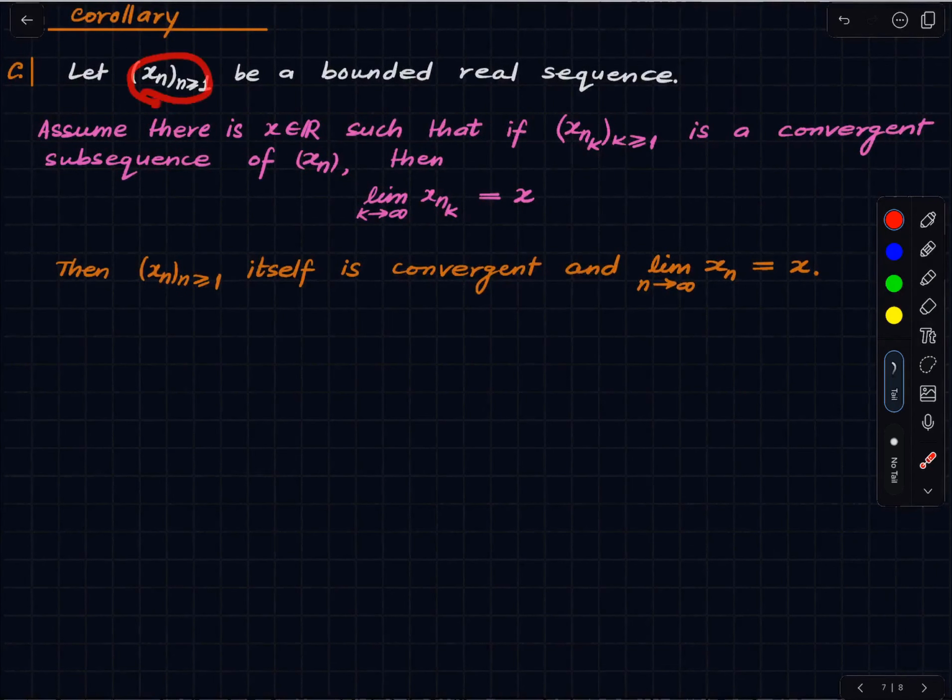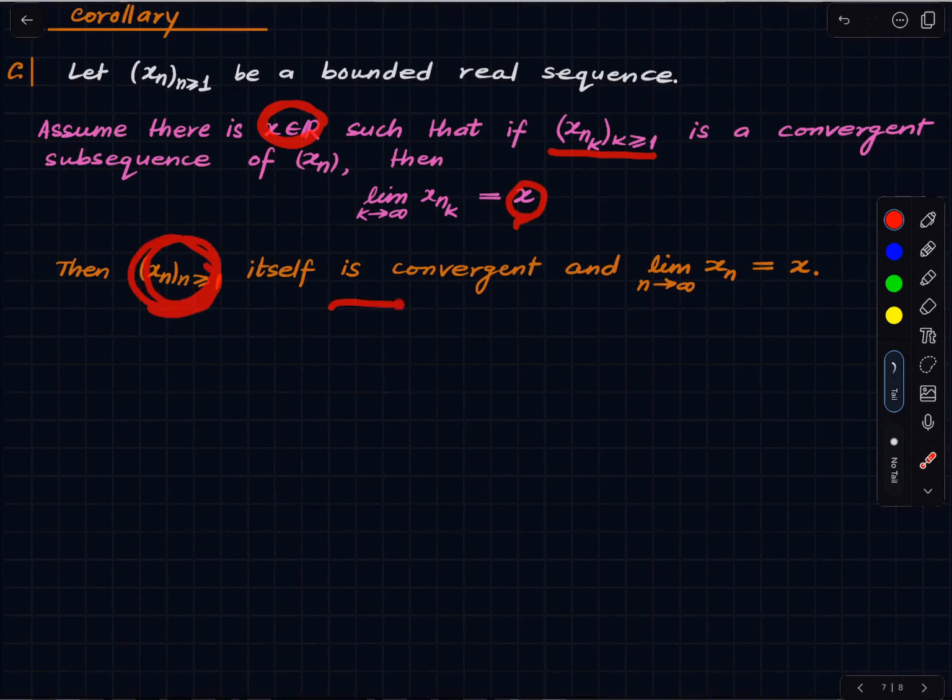So if we have a bounded real sequence, and if you assume that there is some real number x such that whenever a subsequence converges, it converges to x, then the original sequence itself converges, and it converges to x. So this is what we looked at earlier. We proved it using Cauchy sequences, but using the previous theorem, it is just one line. Because what does this say?